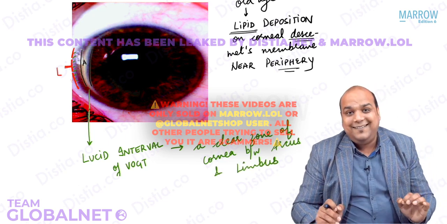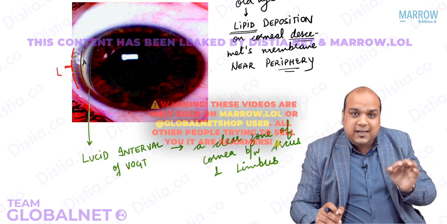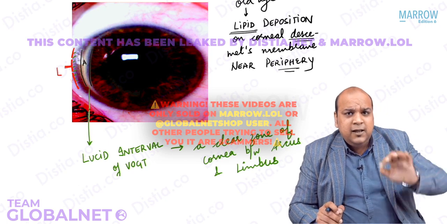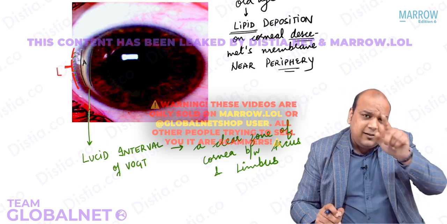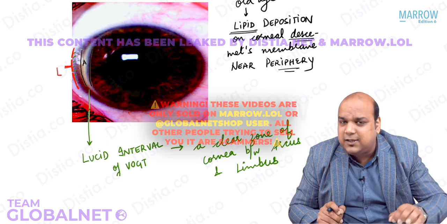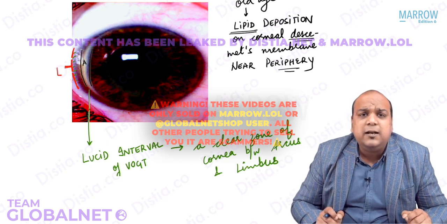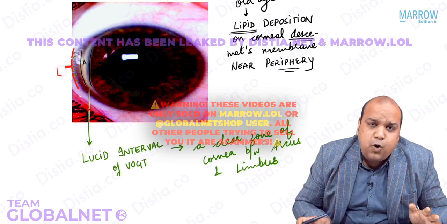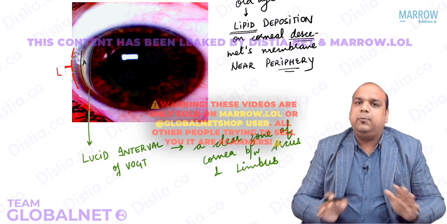Am I clear? That means to diagnose a case of arcus senilis, you should see carefully that the lipid deposition, the white arc-like ring, is not touching the limbus. If it is touching the limbus, then it should be some other pathology. Then you have to think about other causes of corneal opacification. I hope I'm clear here.